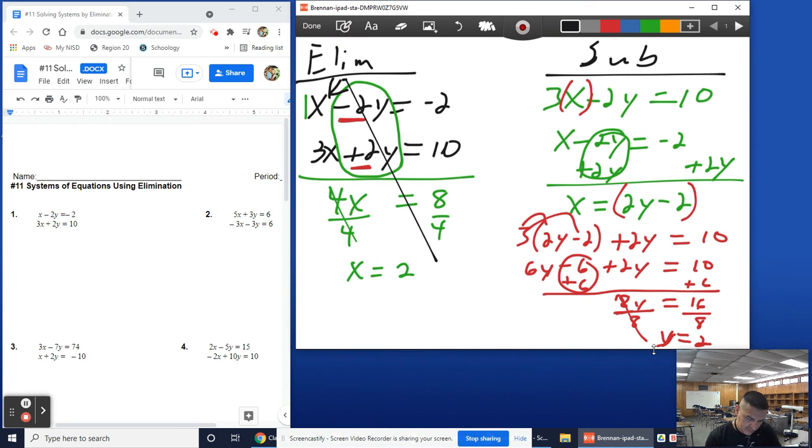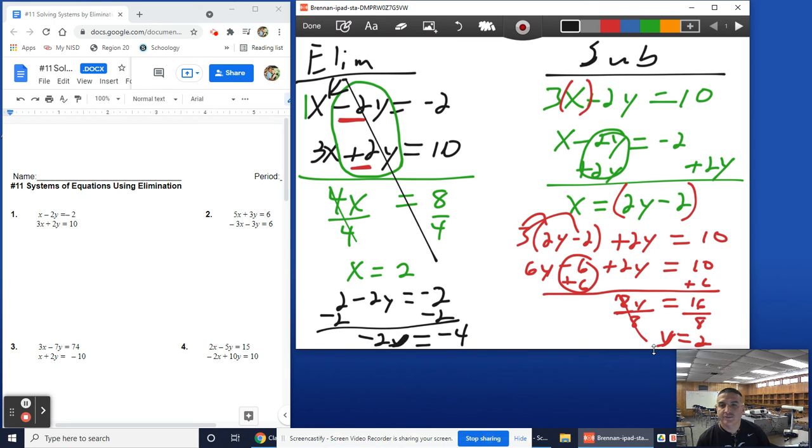And so that would give me 2 minus 2y equals negative 2. If I subtract 2, that gives me negative 2y equals negative 4.